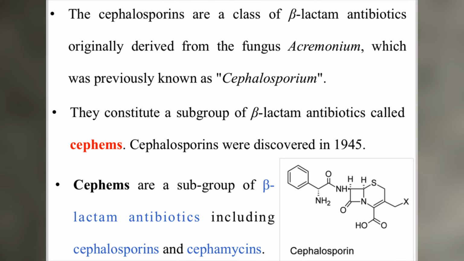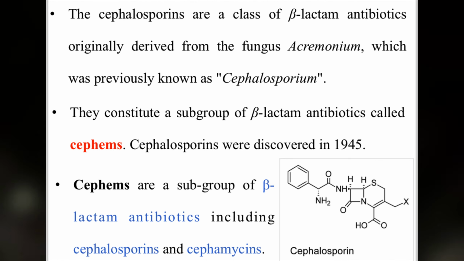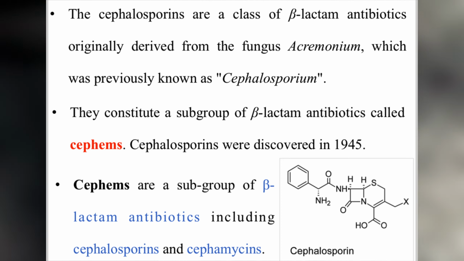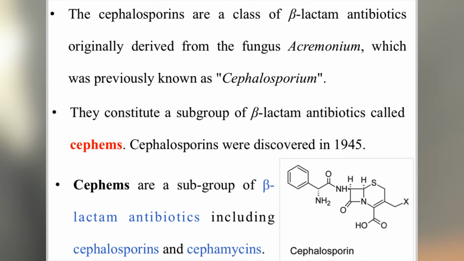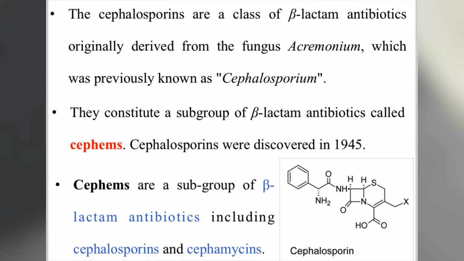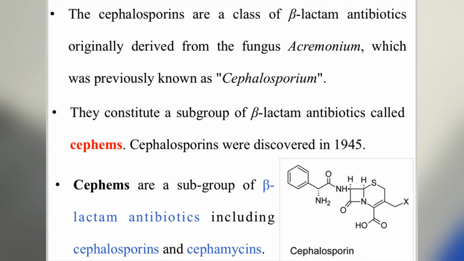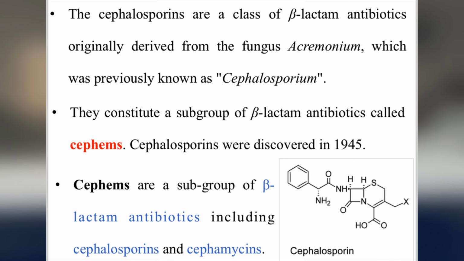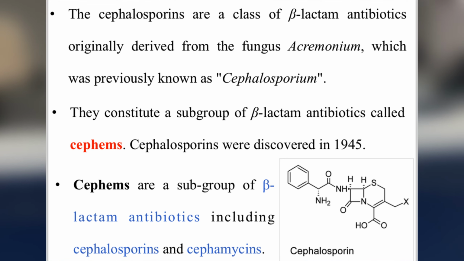So here, as you see inside this structure, this is very important. Here we have our main part or backbone of the structure. If you remember, we said we had penicillin, and inside this penicillin we had the beta-lactam ring, which was a 4-membered ring.